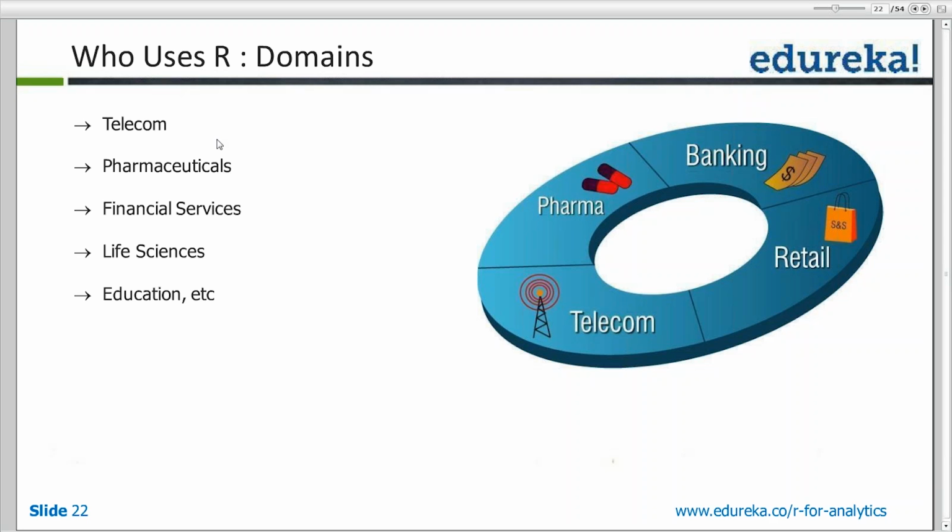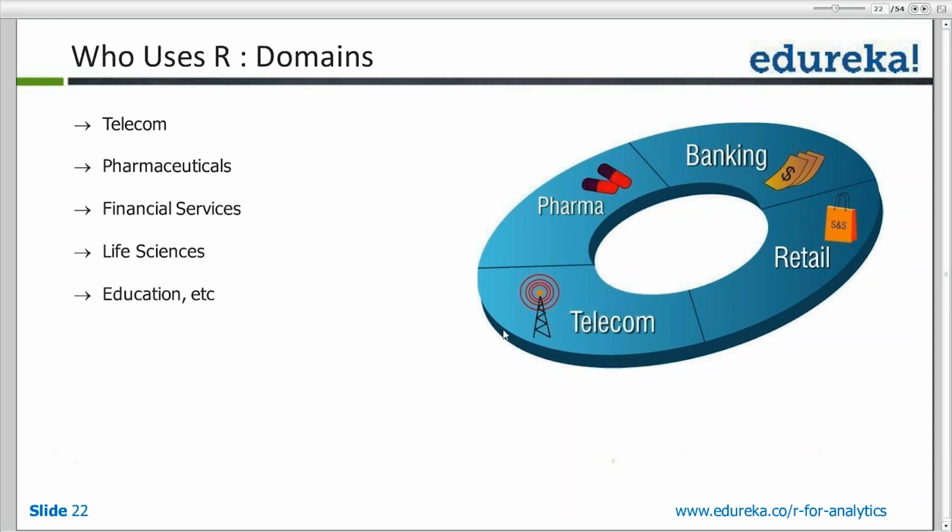What I mean by type is: are you using the open source R which CRAN offers, or other variations of R which let you use it in an enterprise level setting where you can scale it across multiple nodes? In which case you might want to consider a Revolution R version. Those are the things you need to be worried about, but not so much the industry to which R would be applicable.